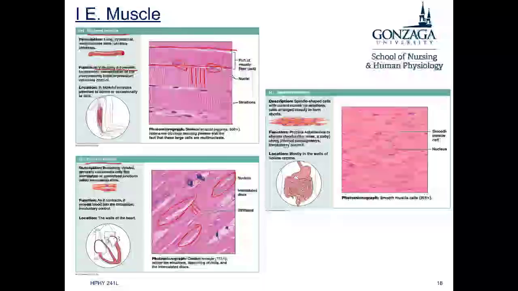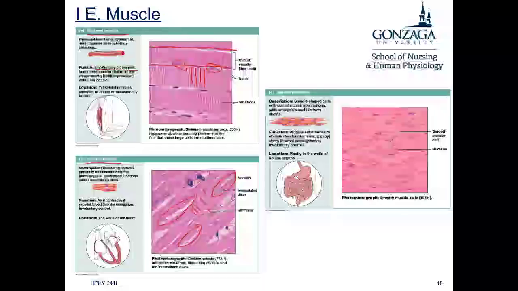But cardiac muscle, just like skeletal muscle, allows for contraction, but cardiac muscle is only found within the walls of the heart. Only found there. Another thing to point out for cardiac muscle is the presence of these intercalated discs. Let me show them. So intercalated discs shown here, these darker bands, which we'll get into more in lecture and later in 242.